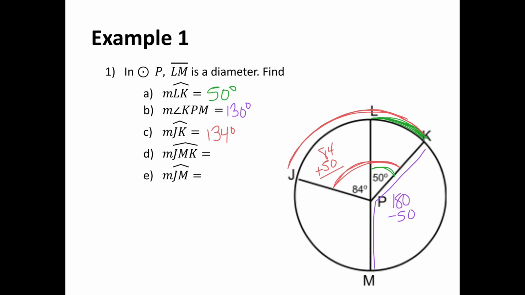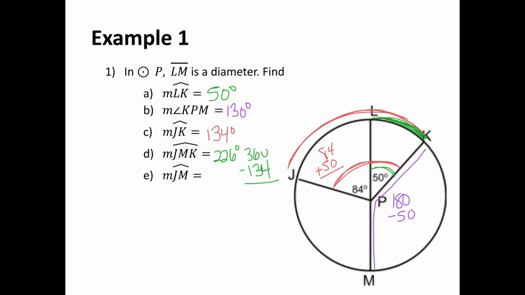So when finding the measure of the major arc, we're just going to take 360 and subtract the measure of the minor arc that we just found above, 134. That's going to equal 226 degrees, using the fact that the measure of this major arc is going to equal 360 take away this minor arc.